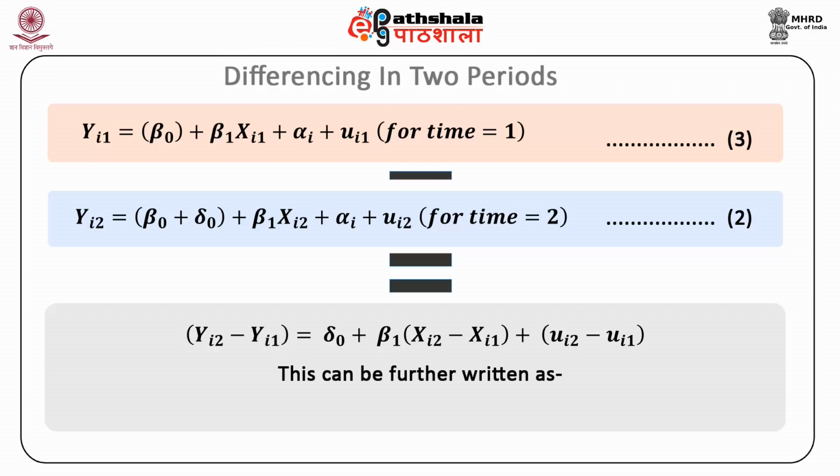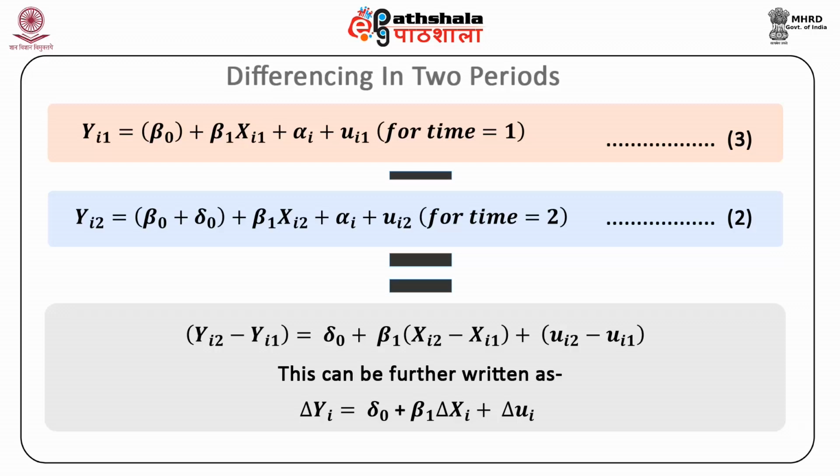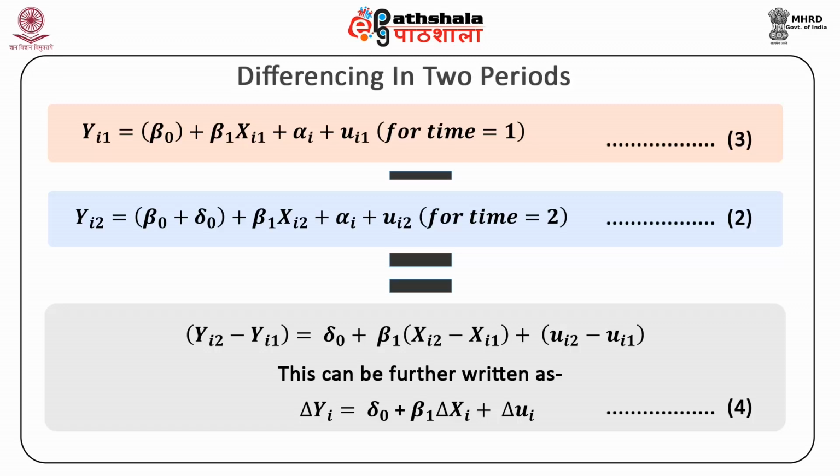This can be further written as delta y_i is equal to delta 0 plus beta 1 delta x_i plus delta u_i. This is our equation 4, where this triangle is delta and denotes the change from t equal to 1 to t equal to 2. Please note the unobserved effect alpha_i is not here in equation 4.